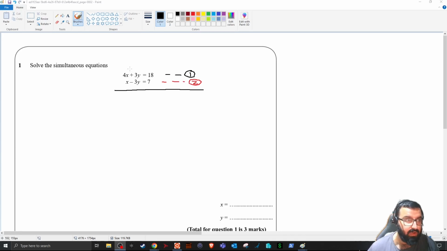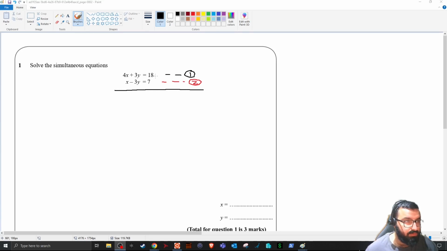So for example, if I eliminate x and solve for y, then I use the value of y, substitute into either equation to solve for x. Or I could do it the other way round as well. Either method works the exact same way at the end of the day. You get the exact same answers essentially. So let's jump into it.